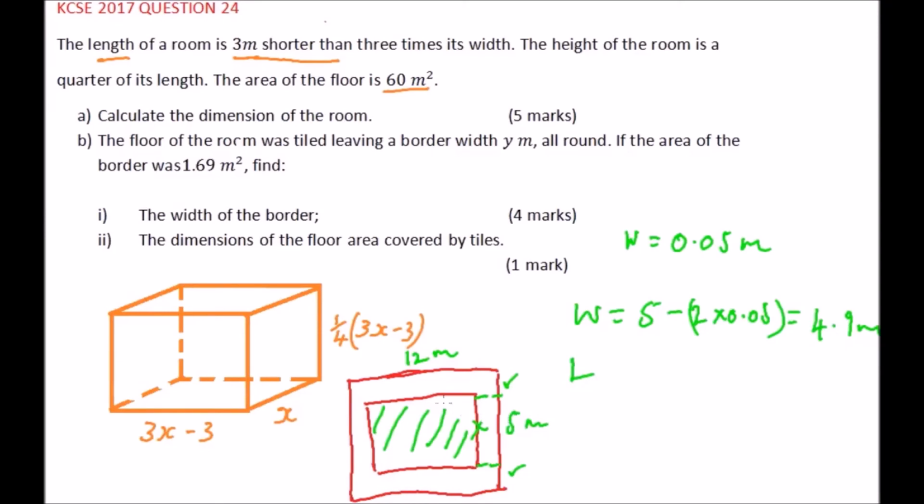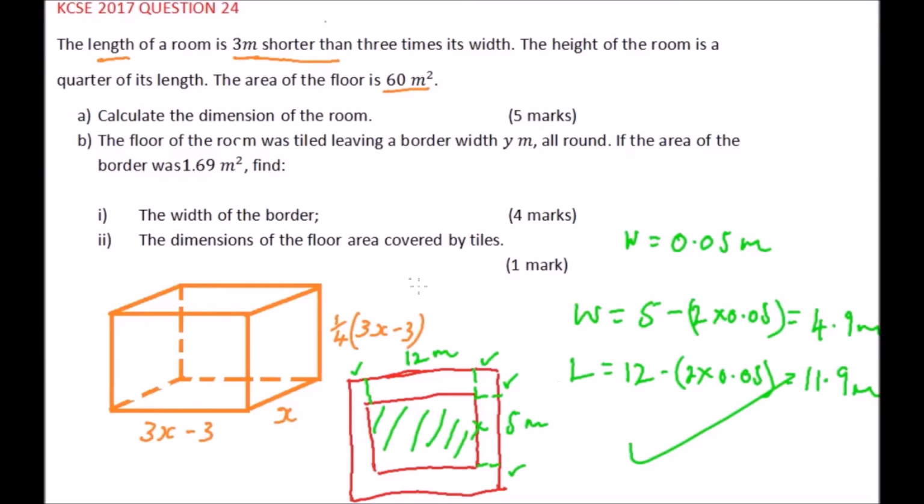The length, we have 12, so we remove the two parts here, that part and that part. So the length is equal to 12 minus, in brackets, 2 multiplied by 0.05, and that should give you 11.9 meters, and that is the end of that question.